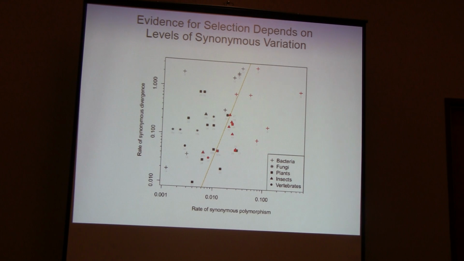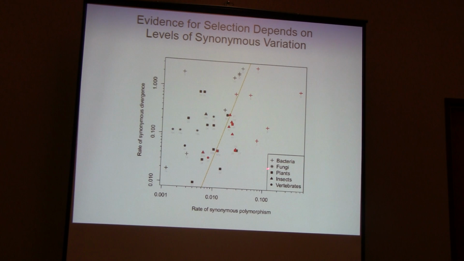So another way of looking at this data is to just look at synonymous variation within each species, and then synonymous divergence between species for all of those 40 species to which the McDonald-Kreitman test has been applied. The species in red are the ones that show evidence of positive selection, and the ones in black show no evidence of positive selection using the McDonald-Kreitman test. What you can see is that there is some relationship here.